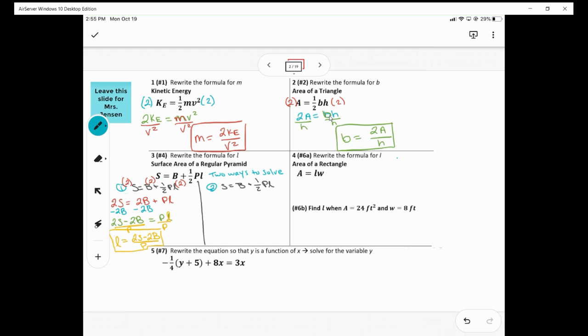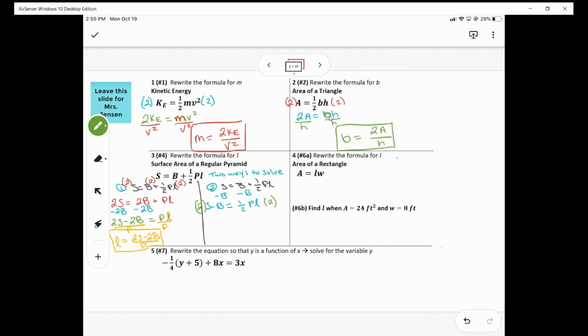The other way to solve would be to first subtract b from both sides. Then multiply both sides by 2 because of that 1/2.